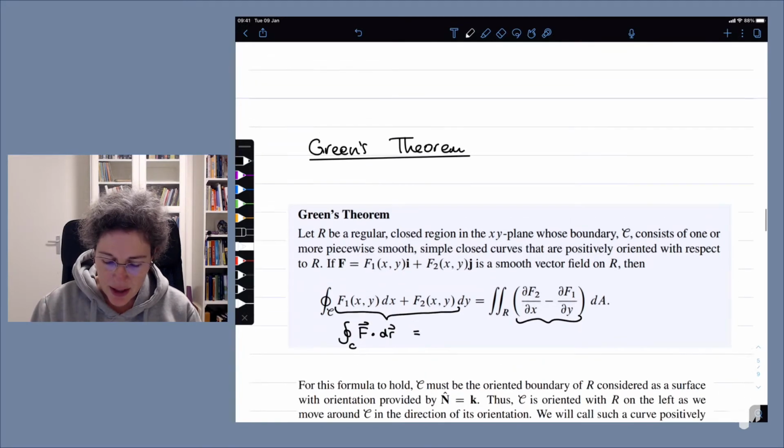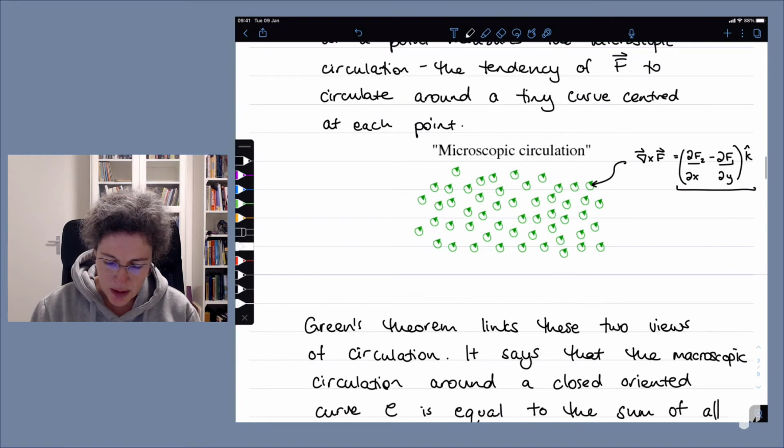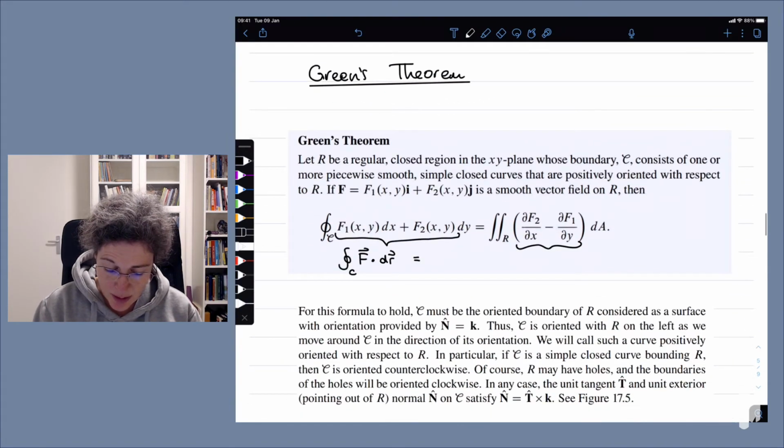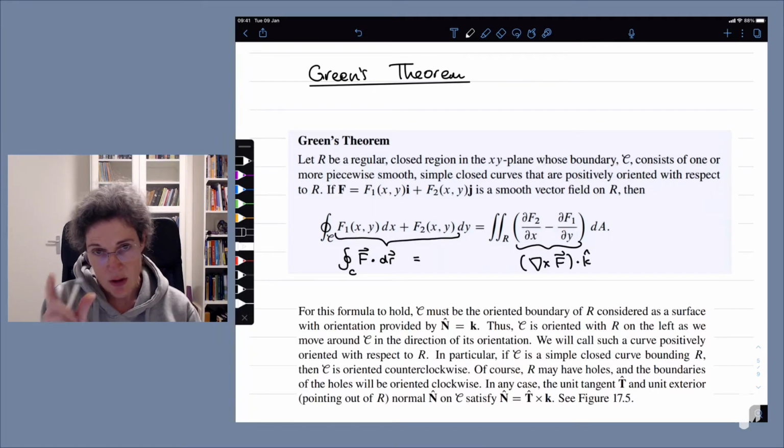Well, it's the magnitude of the curl, because our curl looks like that and it has a k component. So what this bit really says is it's the curl dotted with k, because that's just going to end up giving us the magnitude.